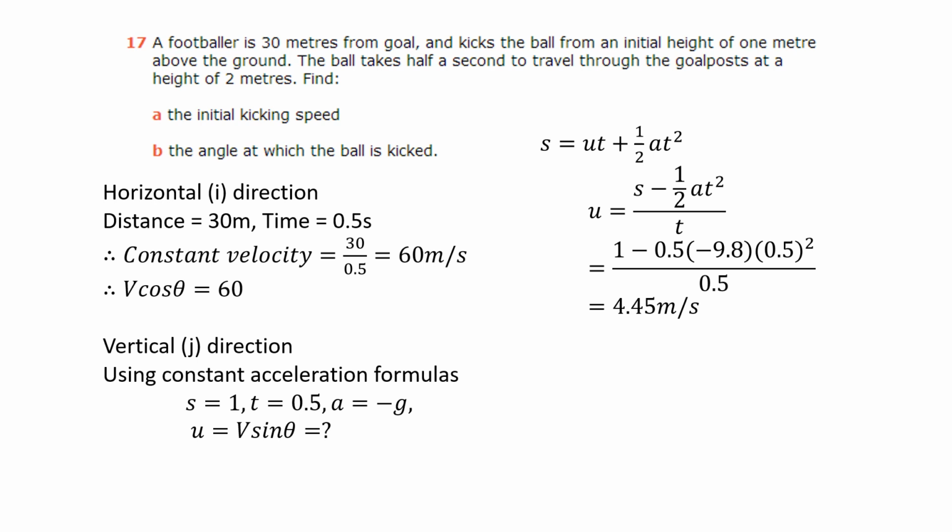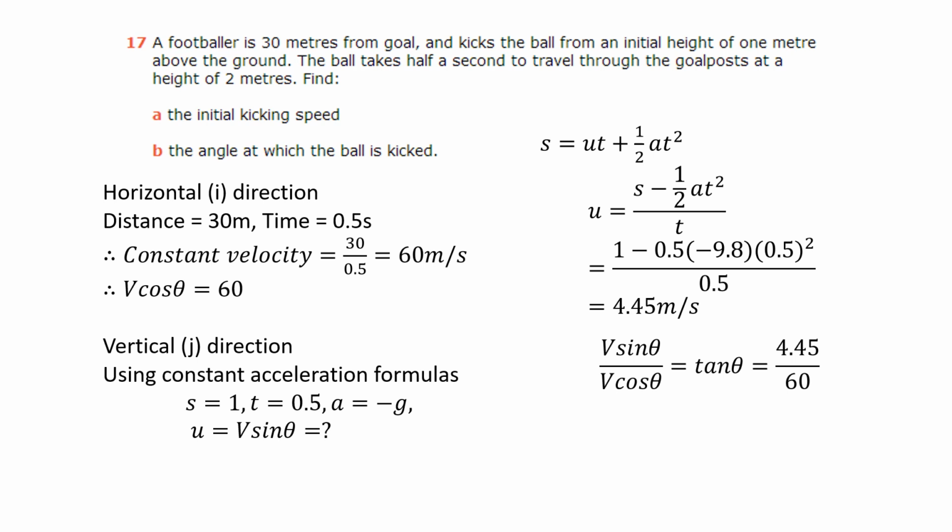meters per second. Okay, so we've got V cos theta equals 60 from resolving things horizontally, and V sine theta equals 4.45 resolving things vertically. So if we divide the two, our capital V for initial velocity will disappear, they kill each other off, and we're left with tan theta.